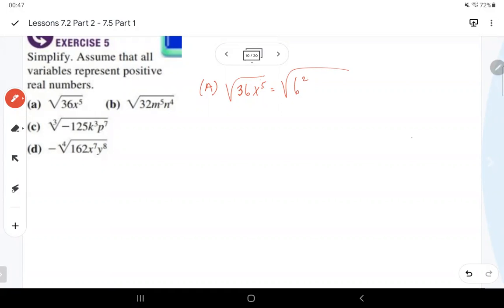So we could have x squared, that's one group, so 1 x, x squared, that's another group, so another x, and then x left. Well, 2 plus 2 plus 1 will give us back our 5. So that's how we get that. And then we're going to pull out 1 6, 1 x, and 1 x, and then be left with just an x inside. So that simplifies really to 6x squared square root x.